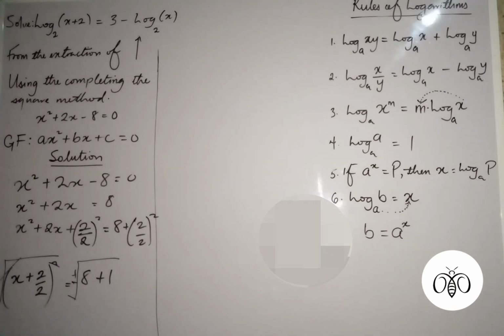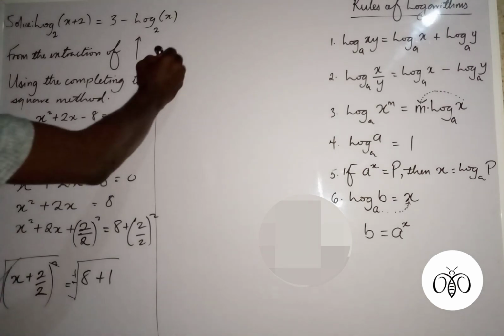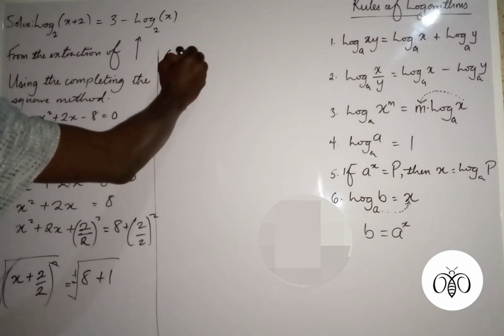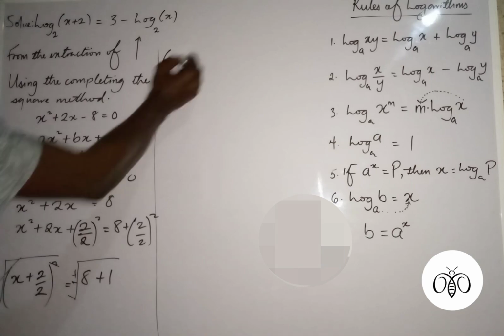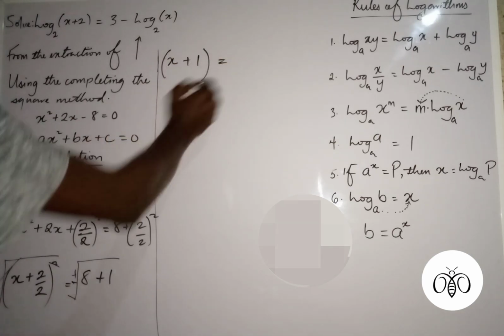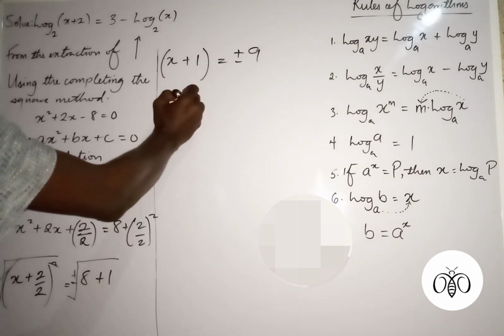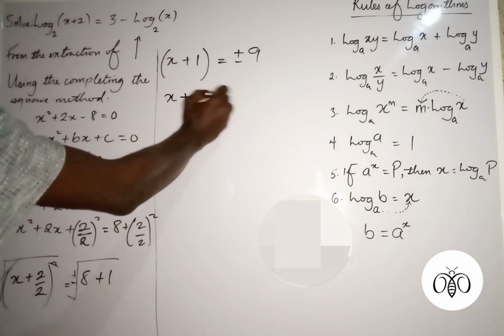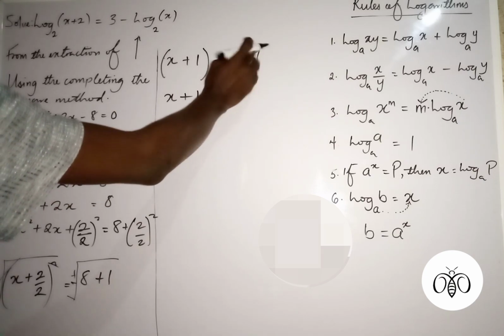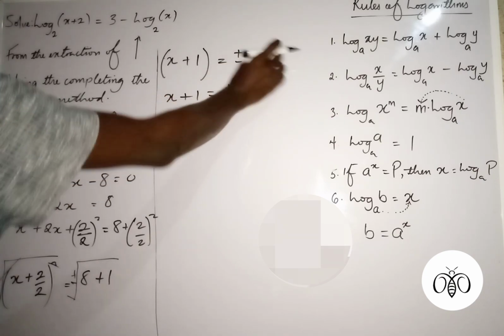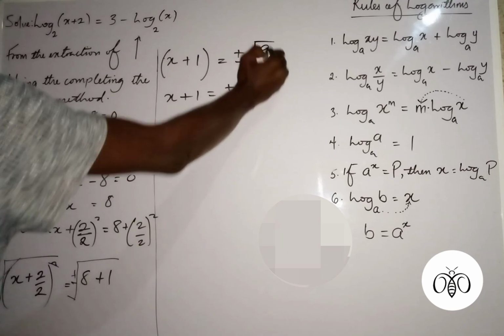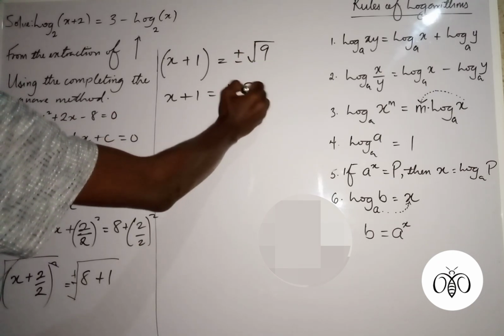So we have x plus 2 over 2, which is 1, equals plus or minus... oh, this is an error. This should be the square root of 9. So the square root of 9 is 3.